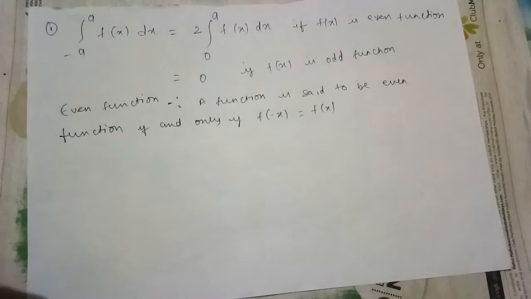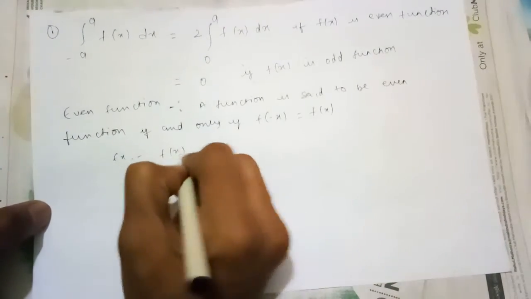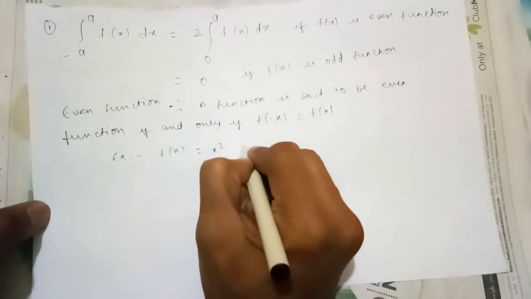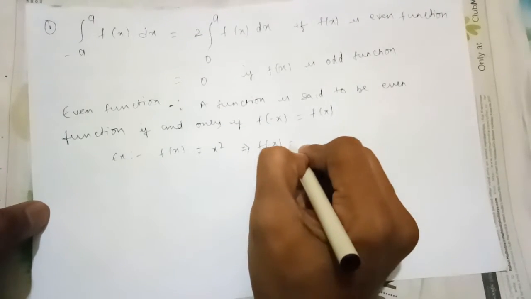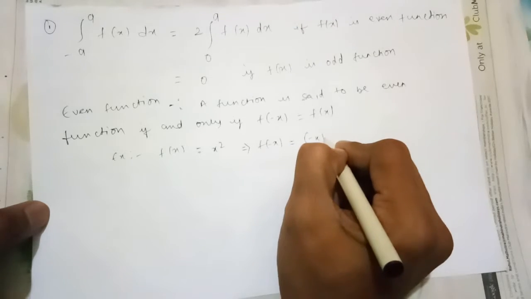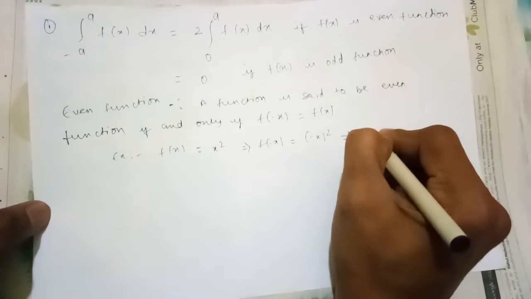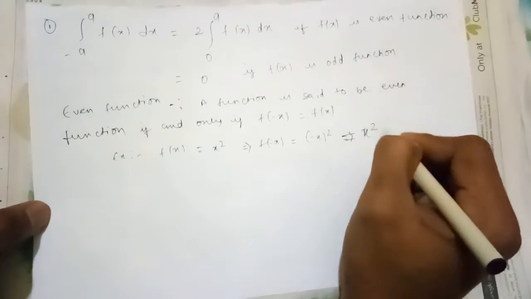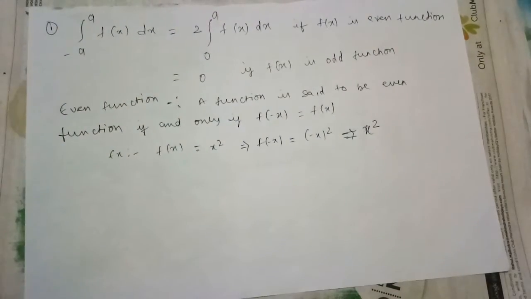It means that suppose we are given a function like x square, and we change the value to minus x, so minus x is square. After solving this we get the same value, that is x square. So this function is said to be an even function.